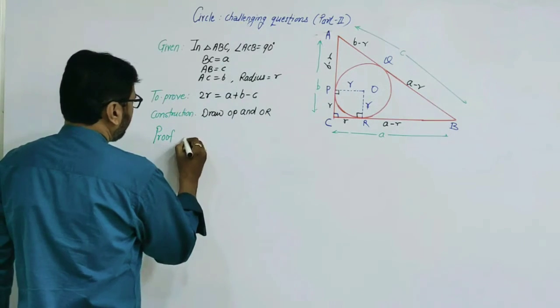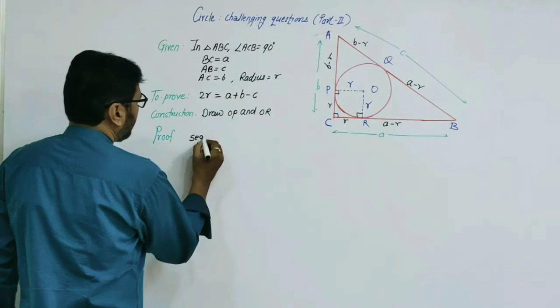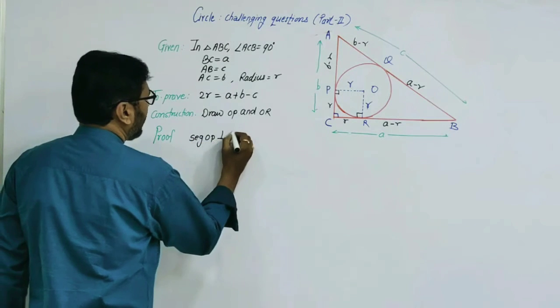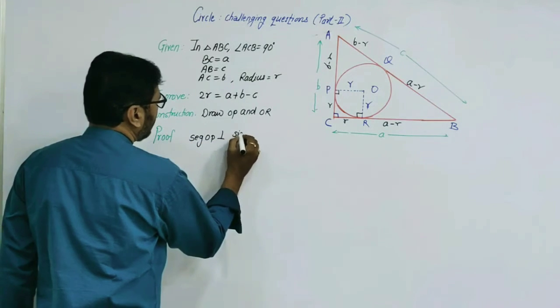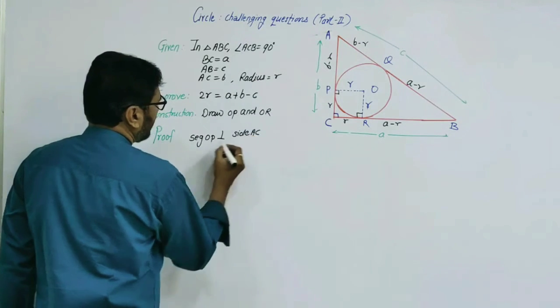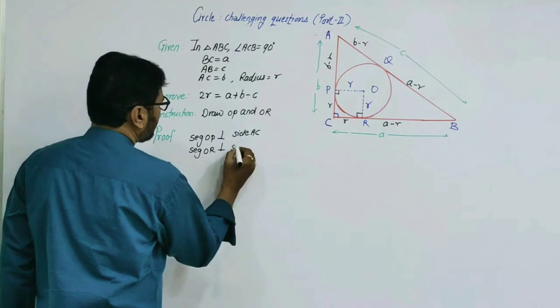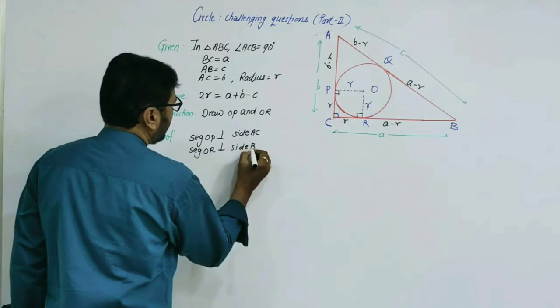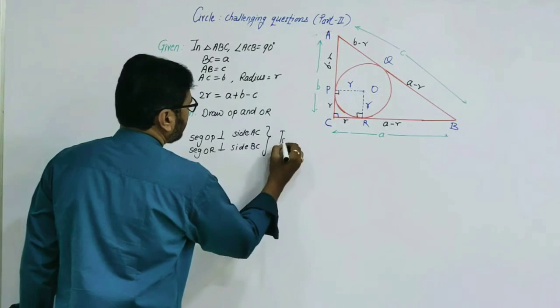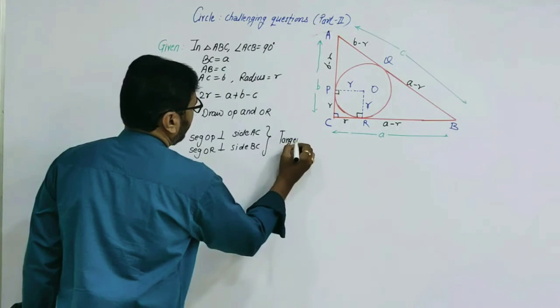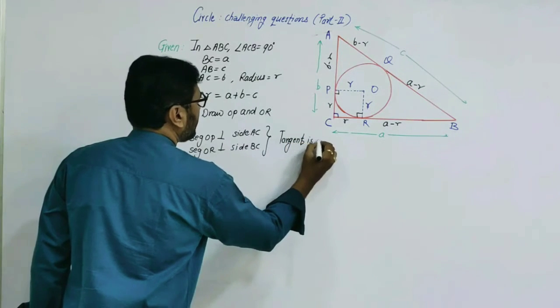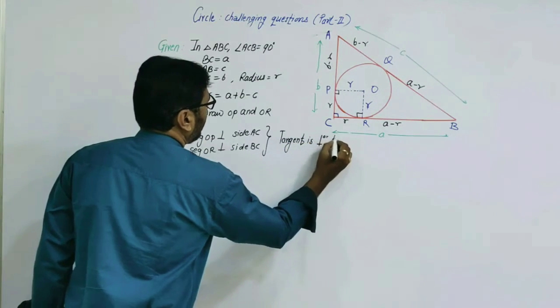See, in the quadrilateral, segment OP is perpendicular to side AC. Segment OR is perpendicular to side BC. Tangent is perpendicular to radius.